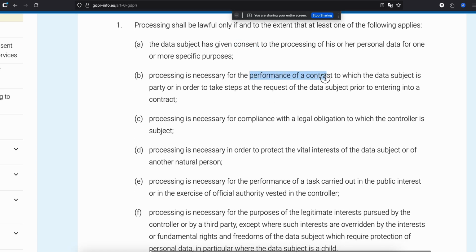Performance of contract? No, because we have not agreed to any agreement. It is just an interview. So legal obligation? No. Vital interest? No, because it's related to public. Public interest? No. What are the other options? Legitimate interest could be possible because it is their interest. They want to know what your salary is, and based on that, they will offer you a salary.